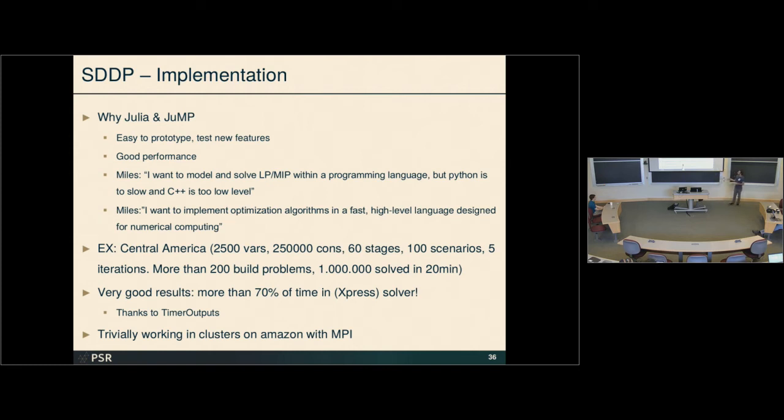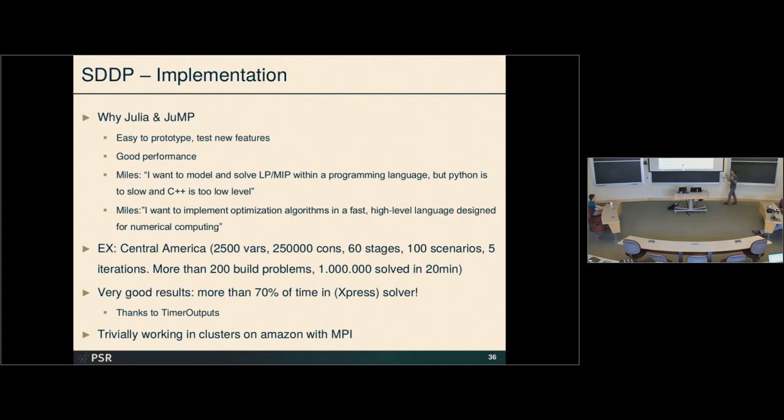This is just an example of an average size problem, solving Central America. Each of the subproblems for each stage and each scenario has 2,500 variables, and there's an extra zero here, my bad. So it's 25,000 constraints, not 2,500,000. 60 stages, 100 scenarios, and 5 iterations.